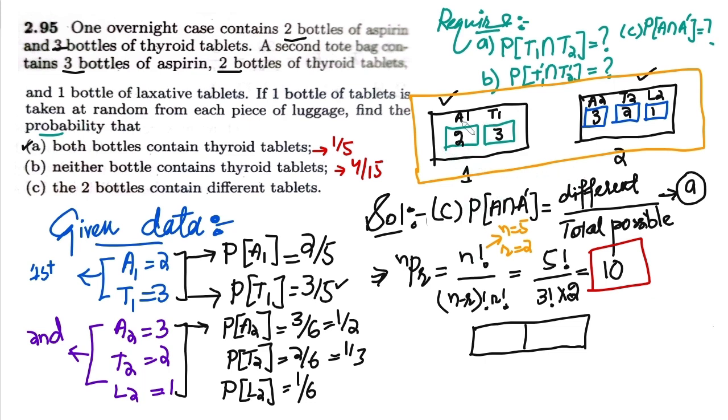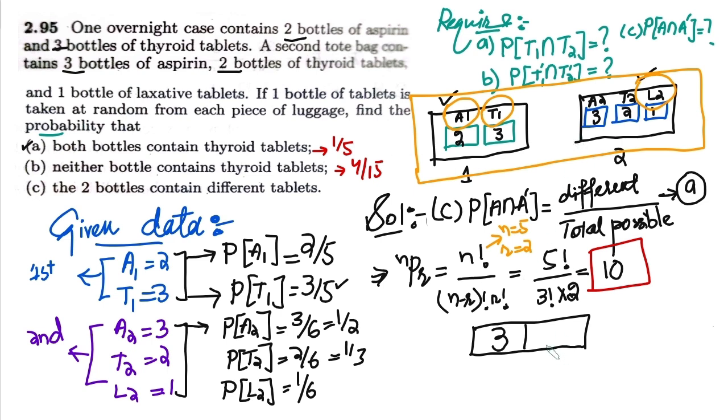So in this slot concept, I have to find the classes. So I have here 3 classes. First class is the aspirin class, the other one is the thyroid class, while the third one is the laxative class. Okay, so I have 3 classes. For the first slot, I have to select one class, so I will have 3 choices for the first slot.